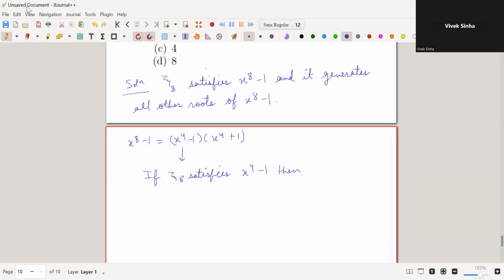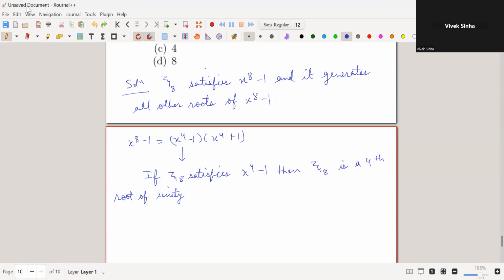C8 is a root of x4 minus 1, a fourth root of unity, right? So it cannot generate the other eight roots of unity.